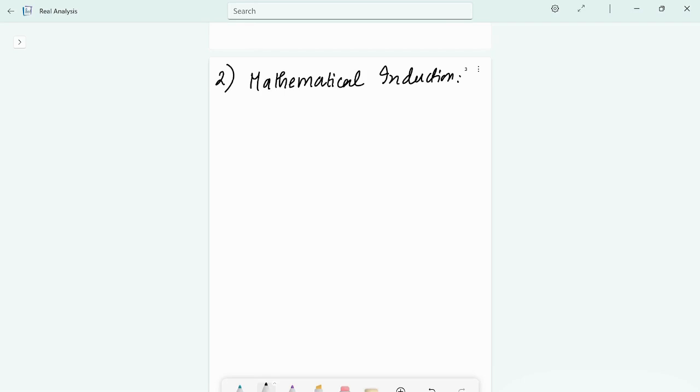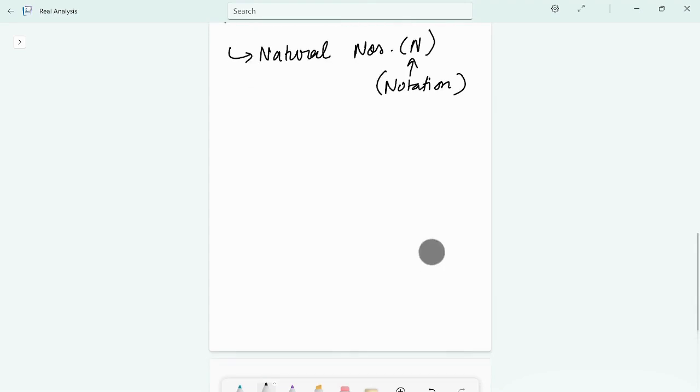Now, what is the concept of it? A way to prove that a statement is true for all natural numbers is this. Please remember this notation for natural numbers. All right, what are the steps for it? First, we need to take the base case, which is to prove that it is true for n equals 1.